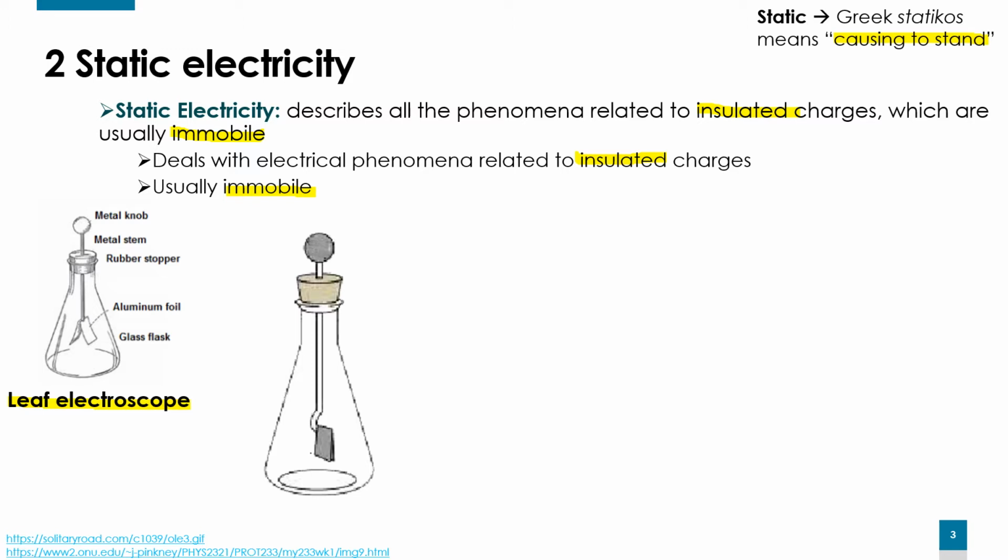The aluminum foil that we have here on the bottle, as you can see, we have two foils. They can separate from each other. But if you have this neutral, it's gonna be closed. So if I have an uncharged electroscope, the foils will be together, close by.